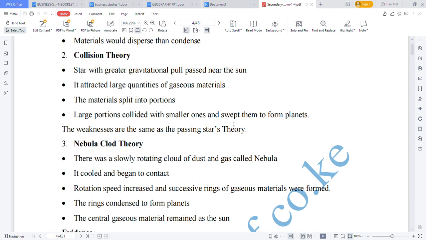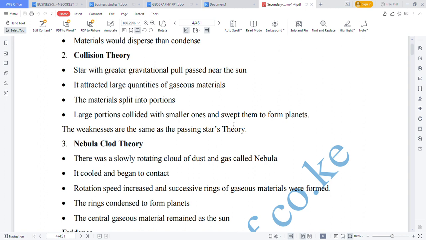Another theory is collision theory. Let's explain collision theory. A star with a greater gravitational pull passed near the sun. It attracted large quantities of gaseous materials. The materials split into portions. Large portions collided with smaller ones and swept them to form planets.